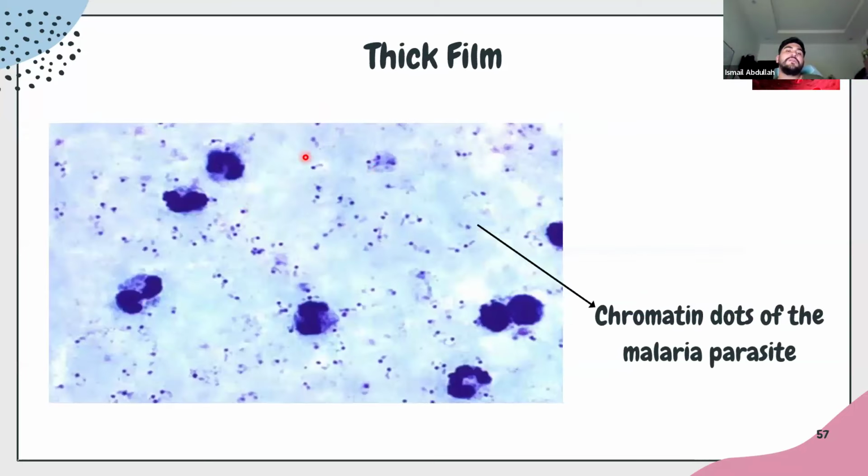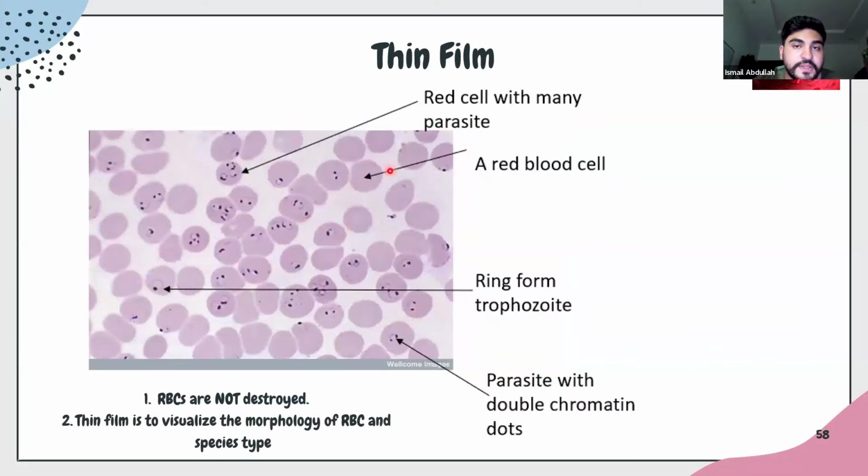So this is a thick film. All the blood cells here are destroyed and you can see these dots. These are chromatin dots of the malarial parasite. On a thin film, this is a red blood cell, and you can see a ring-like structure. These are the trophozoites within the red blood cell. And these dots are the chromatin dots that you just viewed.